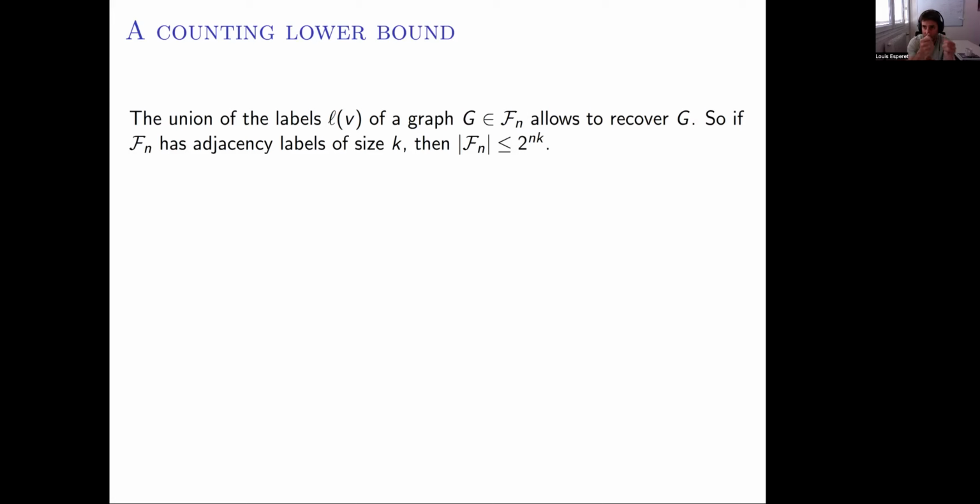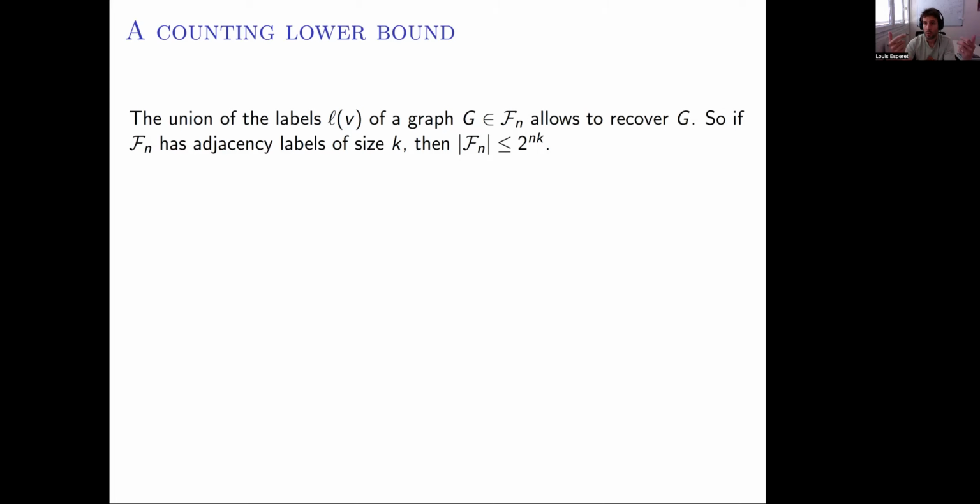Assume you have adjacency labels of size k in your graph on n vertices. So if you're given the labels of all the vertices, so this is k times n bits, then you can recover the graph. Because for any two labels, you know whether there is an edge or not, if you have the decoder. So kn bits allow you to recover the graph G.